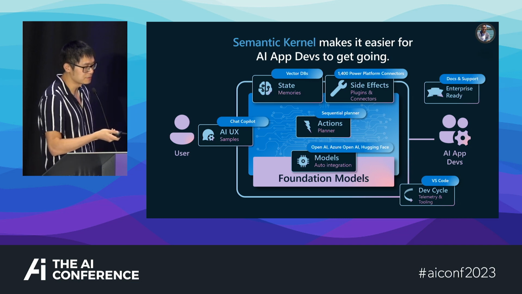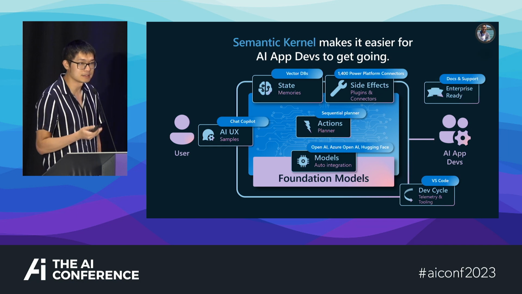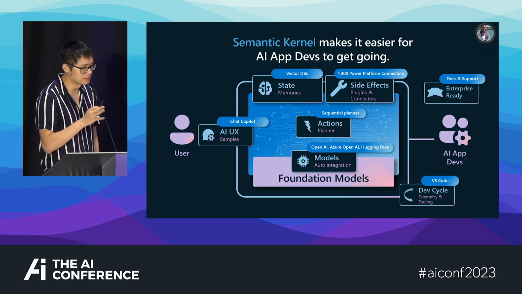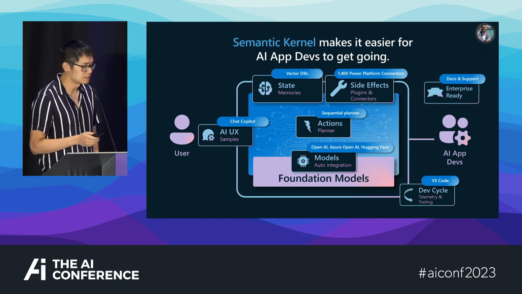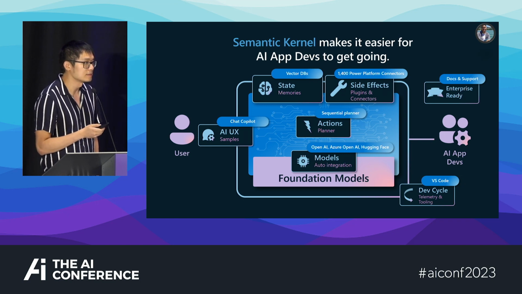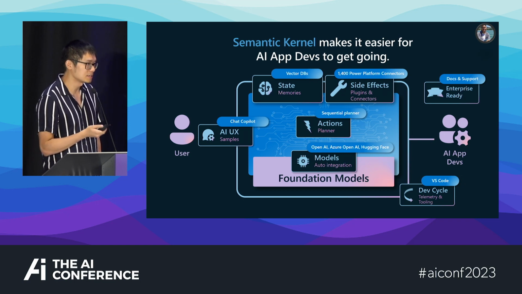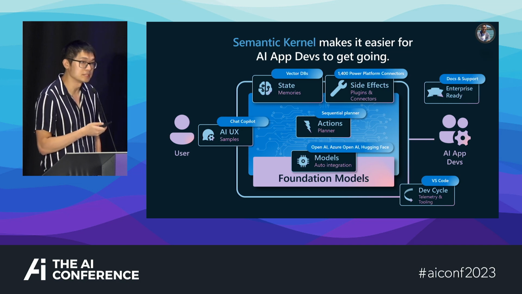Right here at the center of it is this notion of planning, and I'll actually talk about this for the latter half of the talk. But planning is really, I think, the magic unlock that AI has demonstrated, right?